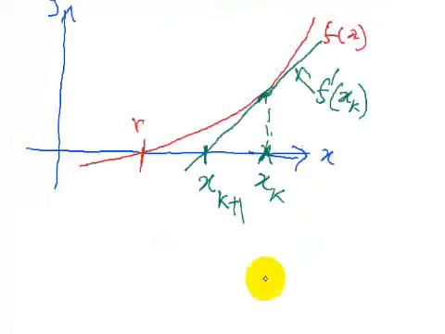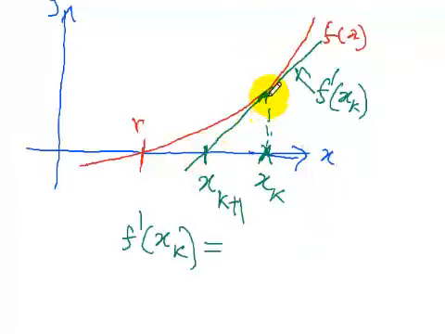So f prime of xk is equal to what? How do you find this slope? This point has x coordinate xk and y coordinate f of xk. This other point has no y coordinate, only an x coordinate.